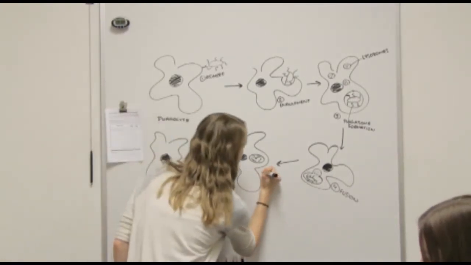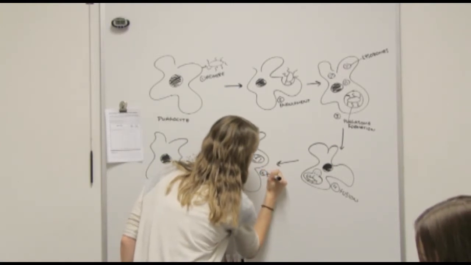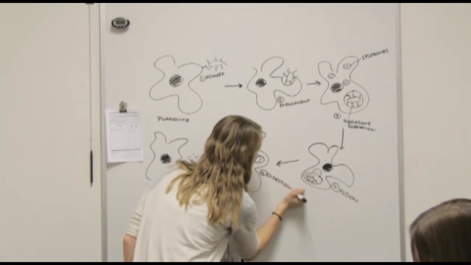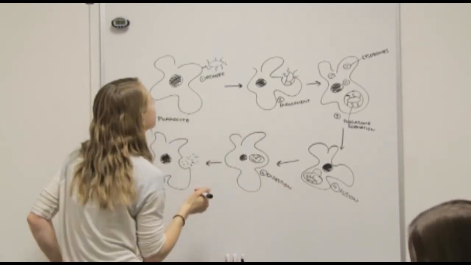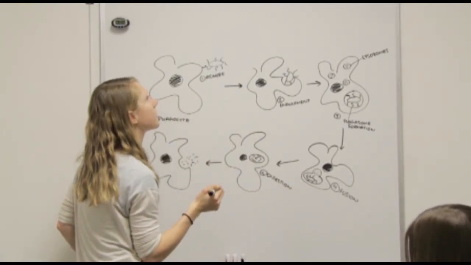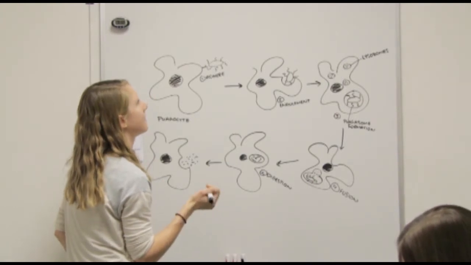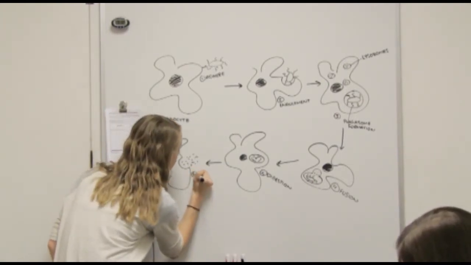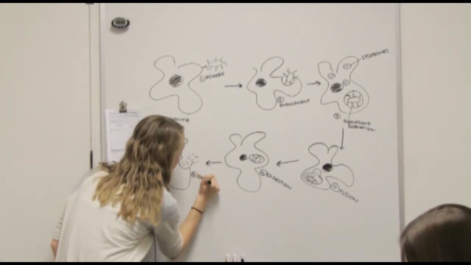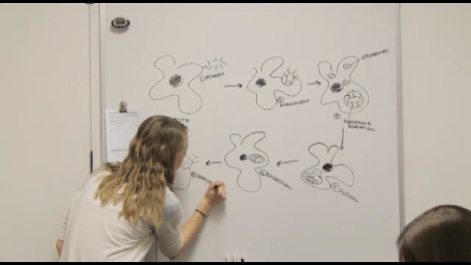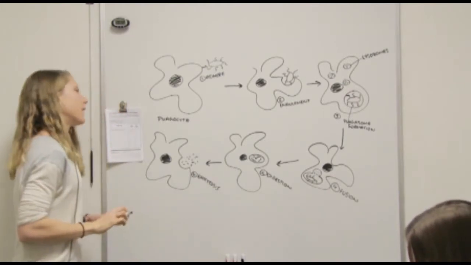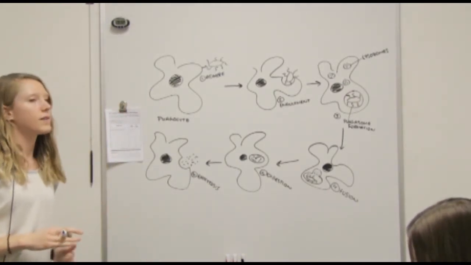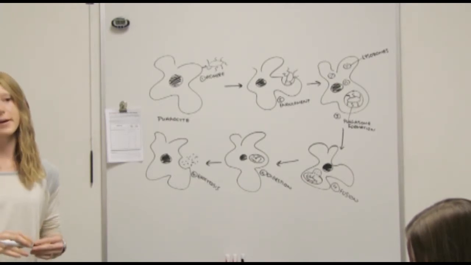So we'll say here is digestion. And here, I'm trying not to use the big words, we'll say exocytosis. That's what phagocytes do when they eat bad stuff inside your body.